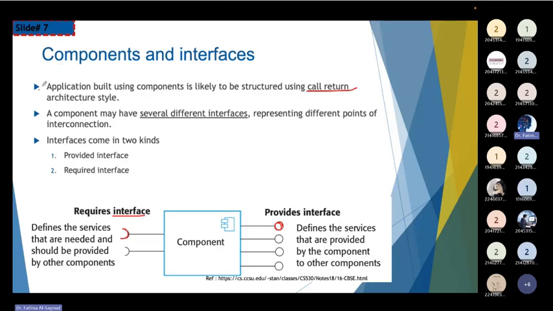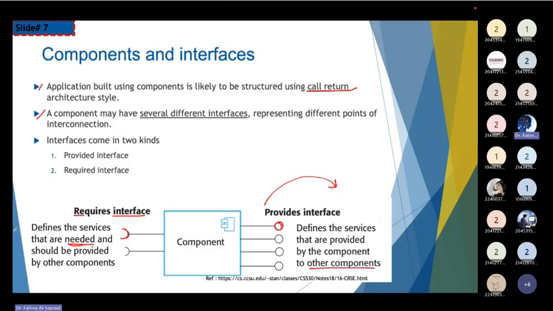So those are two characteristics of the component. This is how we provide interfaces: they define the services provided by a component to other components, and in another way, what I require from the others.